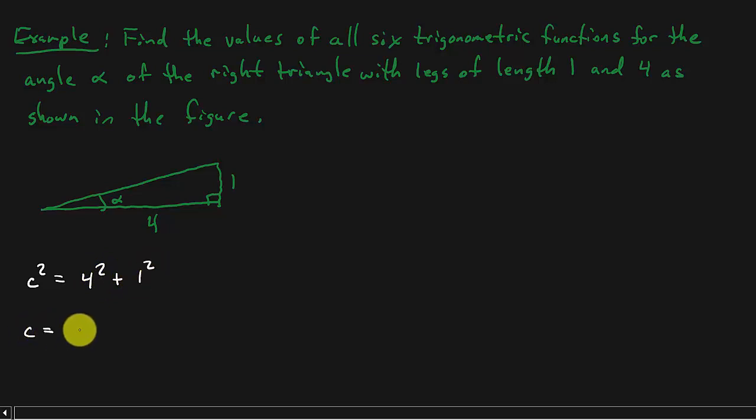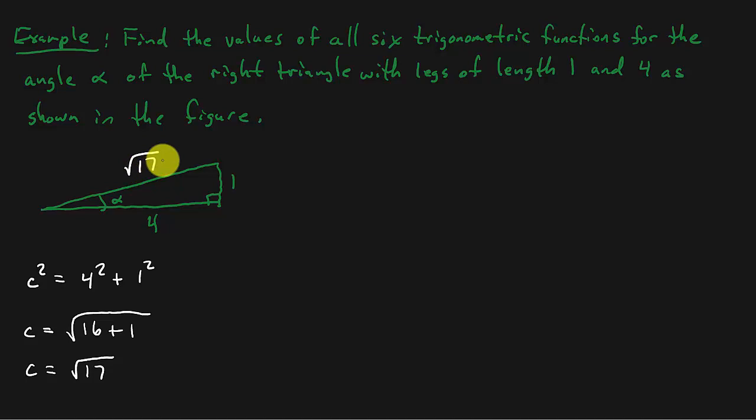So this is going to give us C is equal to the square root of 16 plus 1. So I did 4 squared is 16, 1 squared is 1, and I took the square root of both sides. So C is equal to the square root of 17. All right.